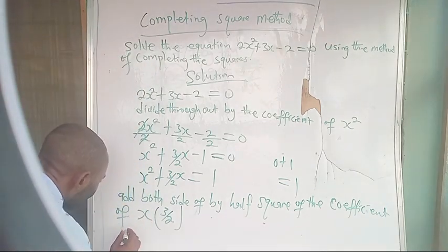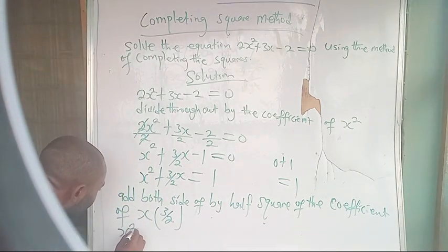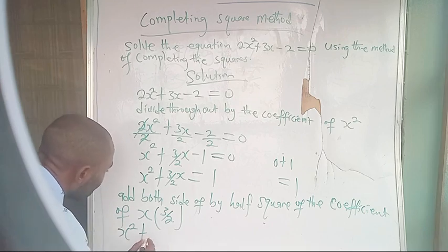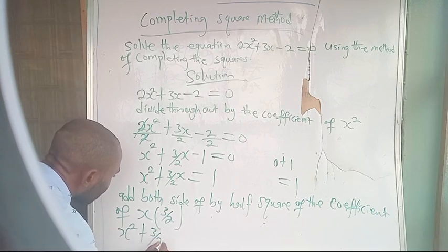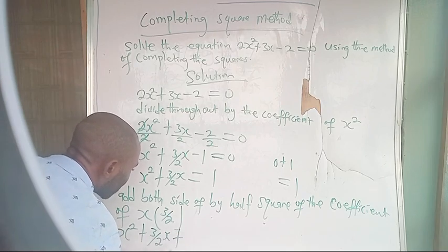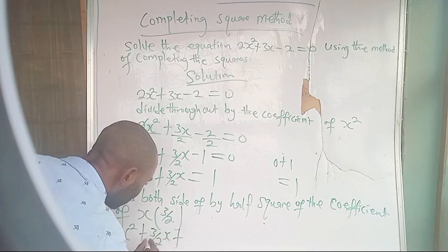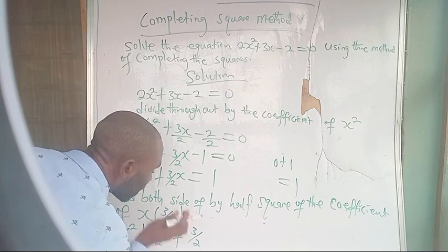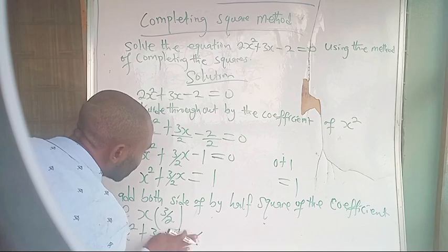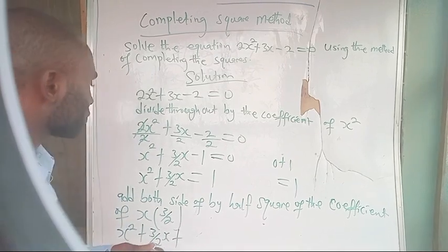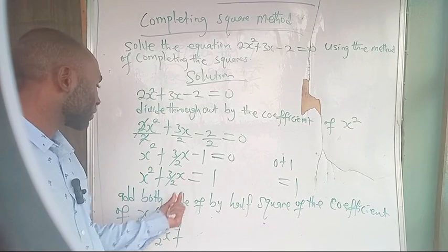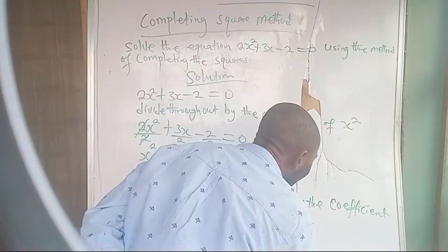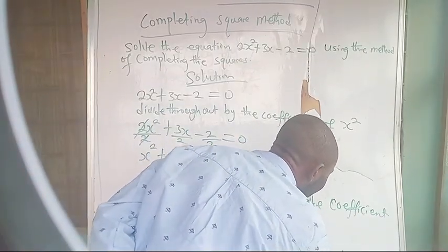So now we have x squared plus 3 all over 2 x plus, so half of this. Let's look for half of the coefficient of x. The coefficient of x is 3 all over 2, and half of it means we are dividing it, we are halving it.